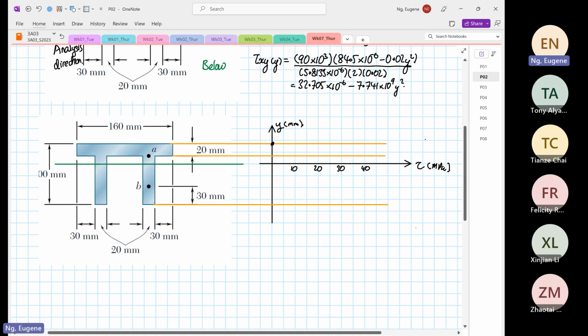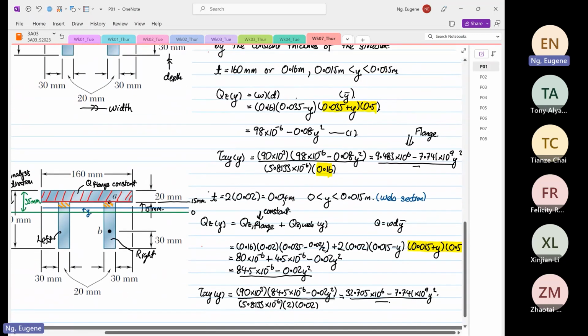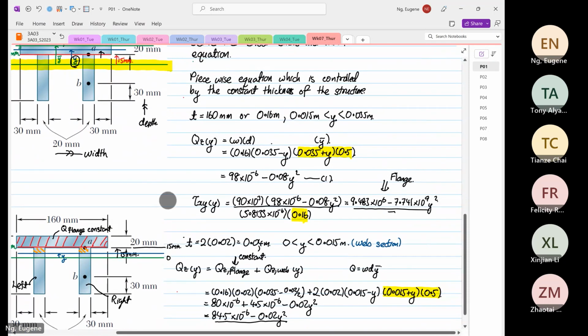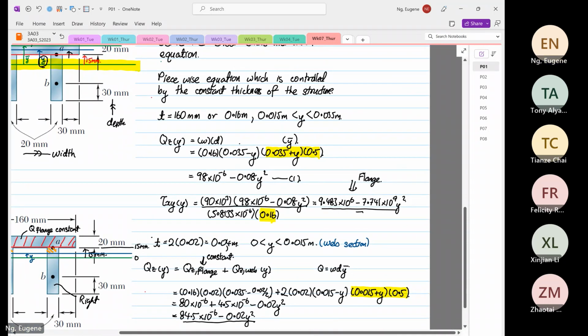And then if we want to calculate what value we have of the web, if we look at this equation over here, this is 0.16, correct.